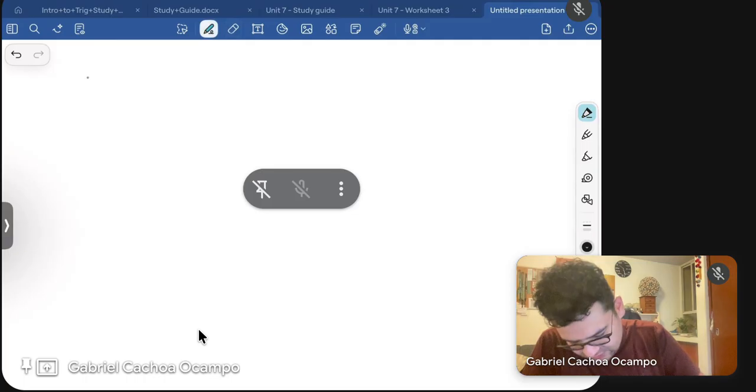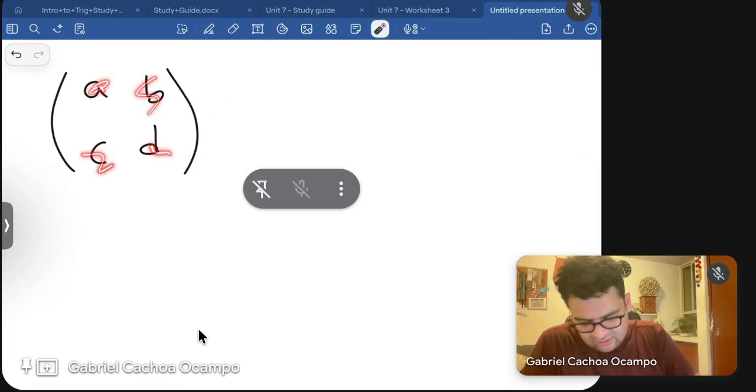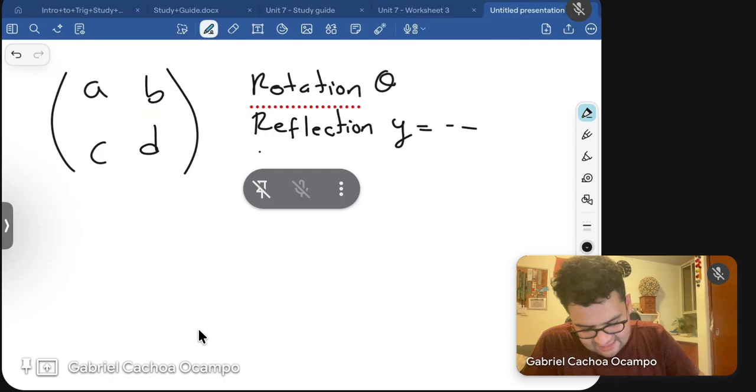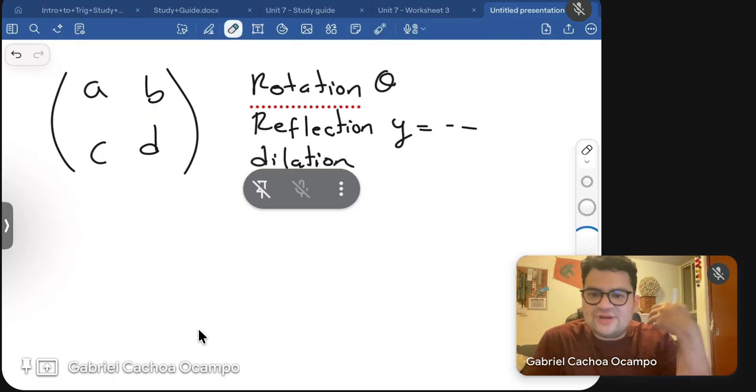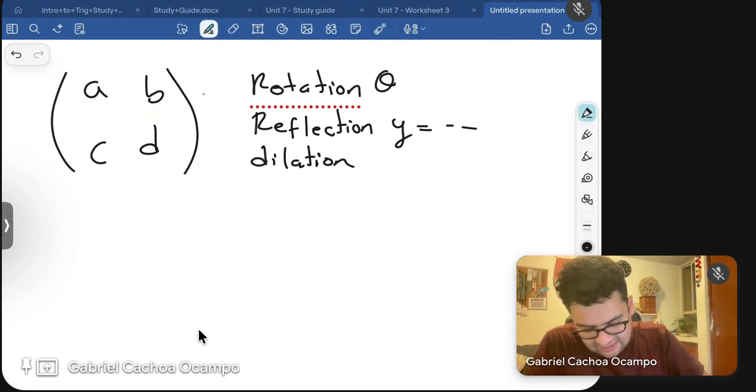I am going to give you a matrix A B C D, and depending on what numbers you have in there, you need to tell me whether this may be a rotation by a certain degree, a reflection by a certain line, or a dilation by a certain factor. I am going to give you the matrix, and you need to classify what the geometry is behind it.